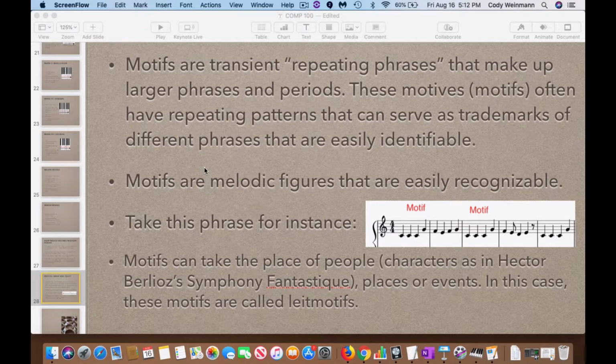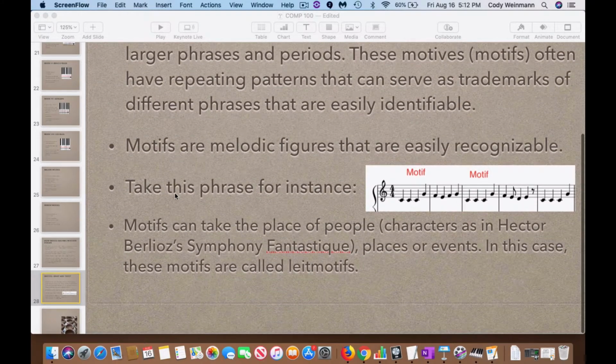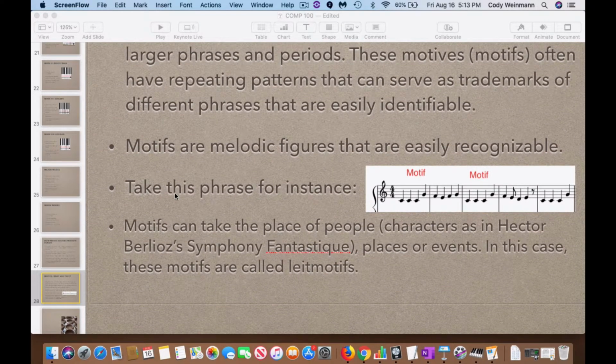The sound of the music, the leitmotif, stands for that particular character that shows up at that particular time. So you can have different characters musically.